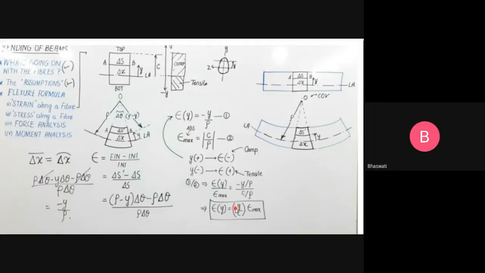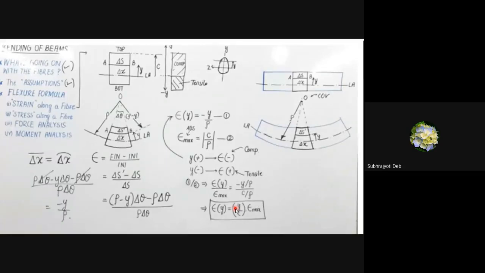Sir, there is y plus, and for the strain is negative, sir, and y negative and tensile positive. Acha, you tell me. When you plot a graph, you suppose you have x-axis and y-axis. X-axis এর উপরে কি থাকে আর নিচের ভ্যালু কি থাকে?